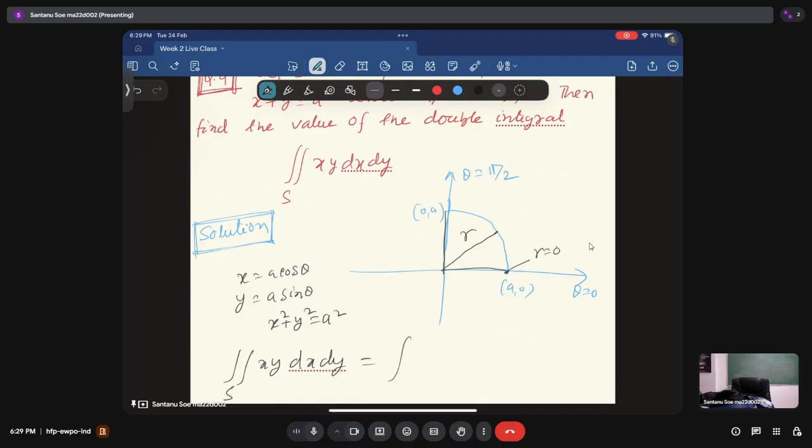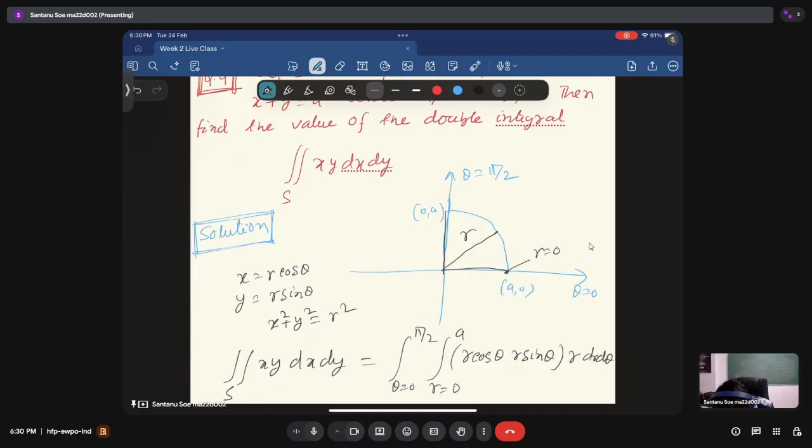So this will vary from theta equals 0 to theta equals pi by 2, r equals 0 to a, and x is r cos theta, sorry, we have to put r cos theta here. This will be r sin theta, and then r dr d theta. So here r is just the Jacobian, which you have calculated earlier, correct? So x square plus y square equals r square.